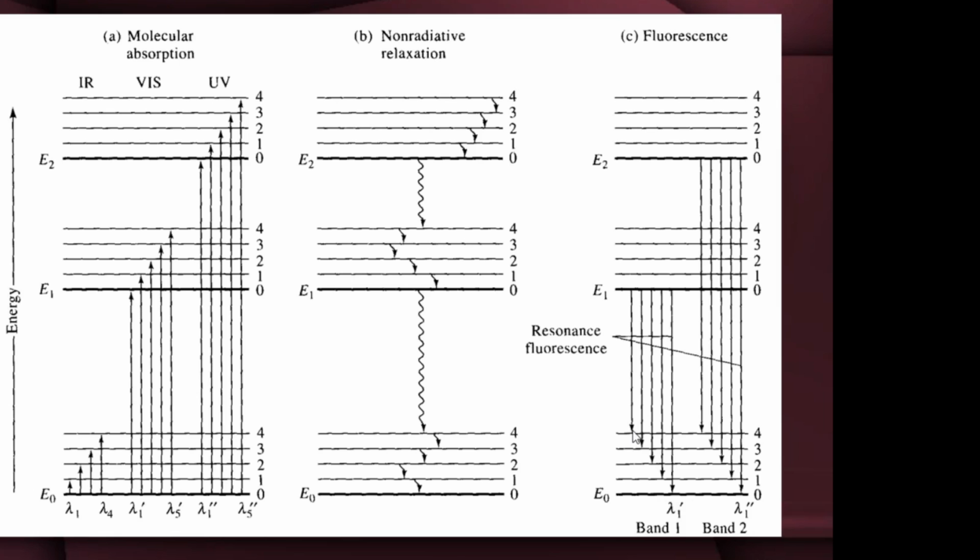That means if this energy is the least, then this will be the longest wavelength and this will be the shortest wavelength. So this is about how absorption is followed by relaxation, which could be non-radiative or radiative. That is, fluorescence or phosphorescence may take place.